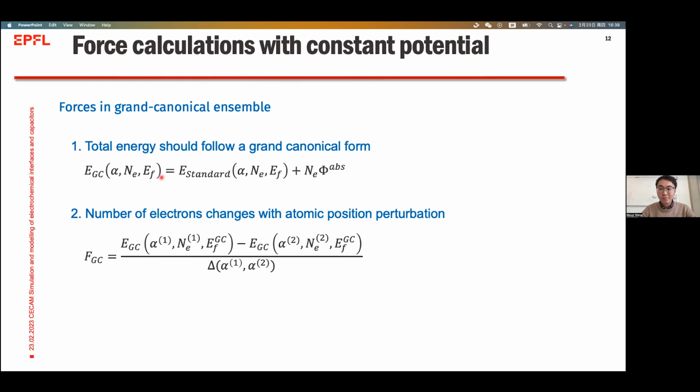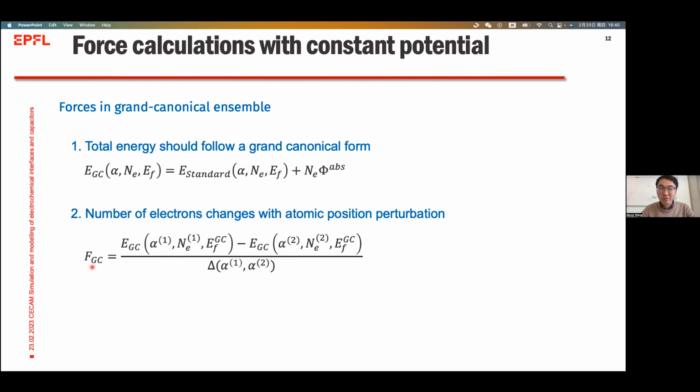For this grand canonical total energy, we define the total energy as the standard DFT calculation energy plus the number of electrons multiplied by the absolute potential. Here alpha indicates the atomic structure, and we also have the number of electrons and the Fermi energy. As we can imagine, if the number of electrons in the system changes, the total energy will also change, so we define this additional term, the number of electrons multiplied by the absolute potential.